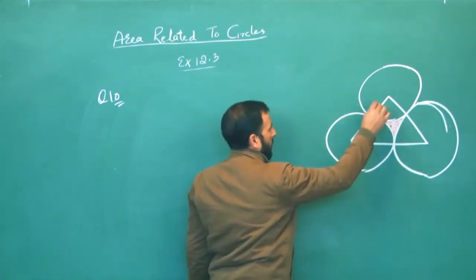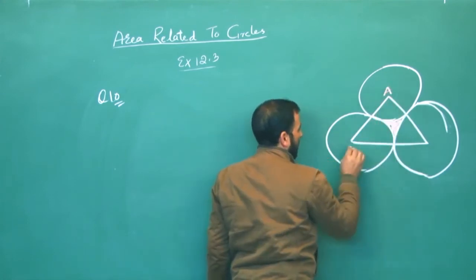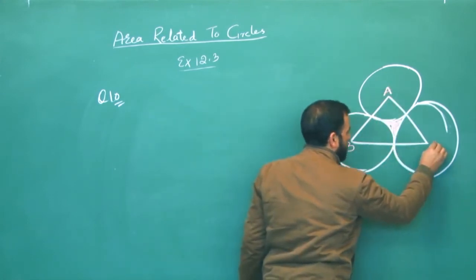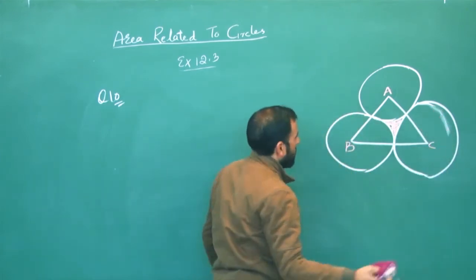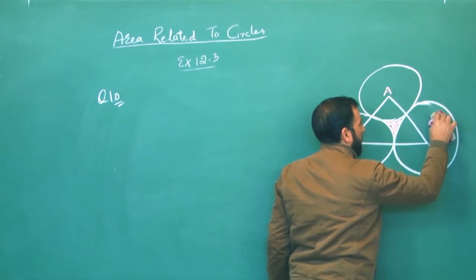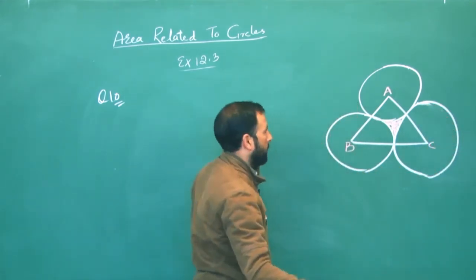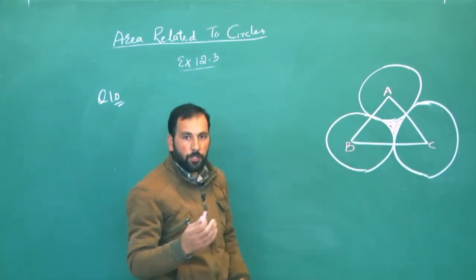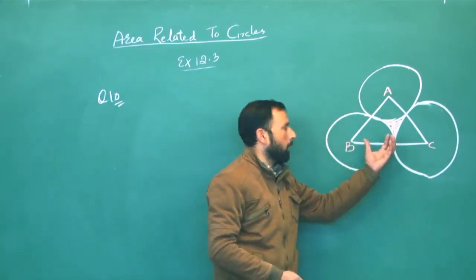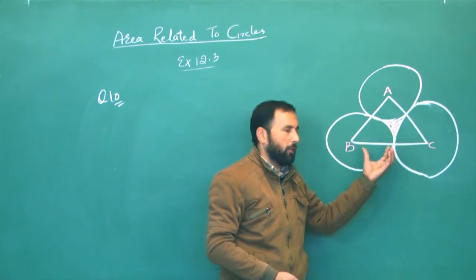So this triangle is A, B and C. It is given in the question that the vertices of the equilateral triangle are the centers of the three circles A, B and C, and the radius of each circle is equal to half of the side of the equilateral triangle.